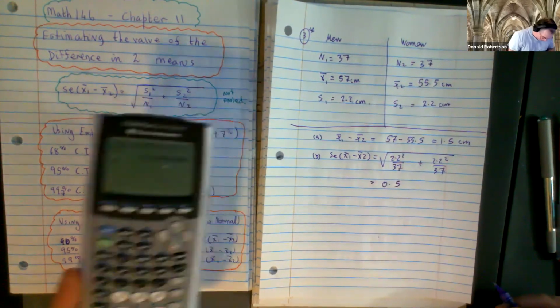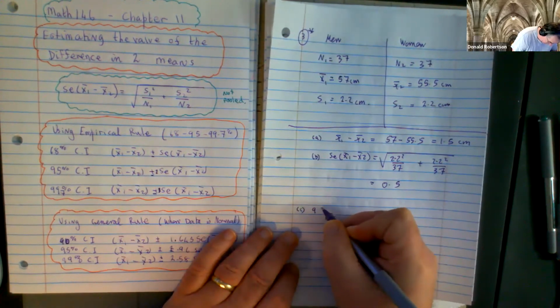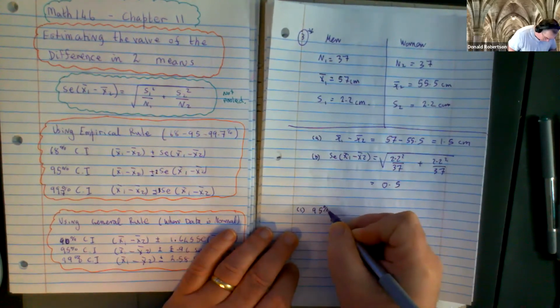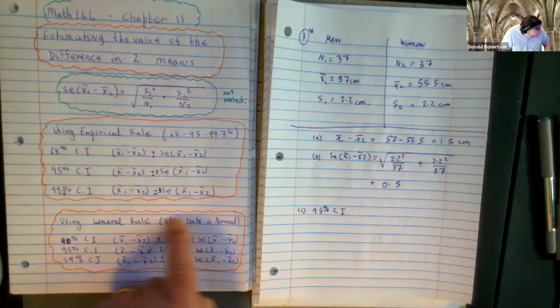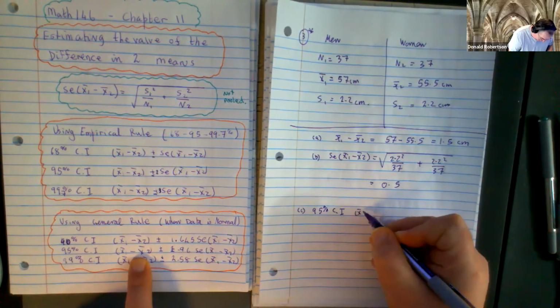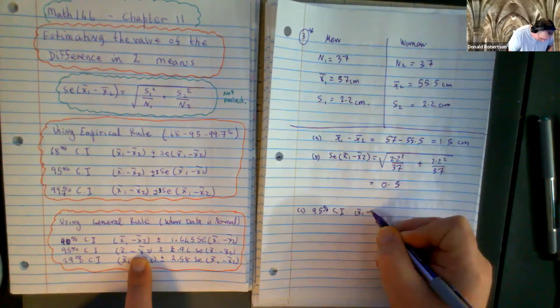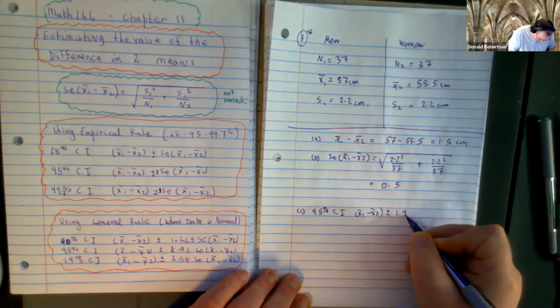And they want a 95% confidence interval. And since we're using this information, it's going to be the difference in the means plus or minus 1.96 times the standard error.